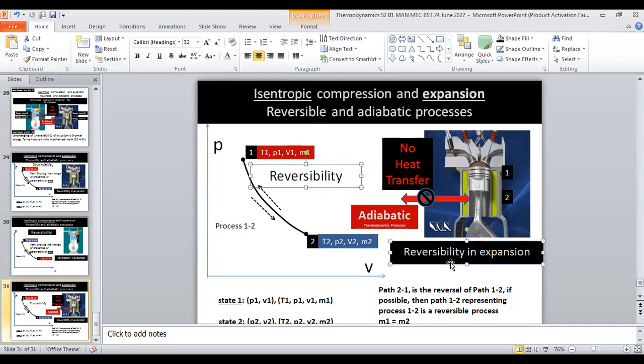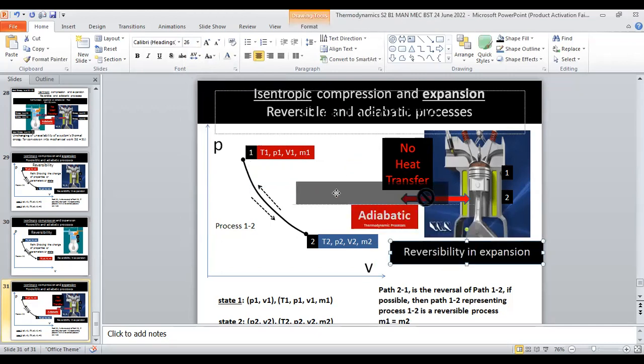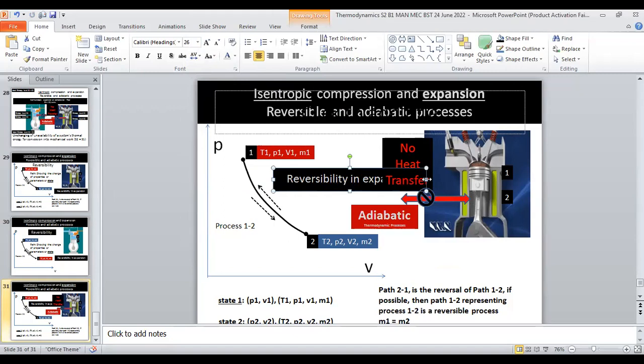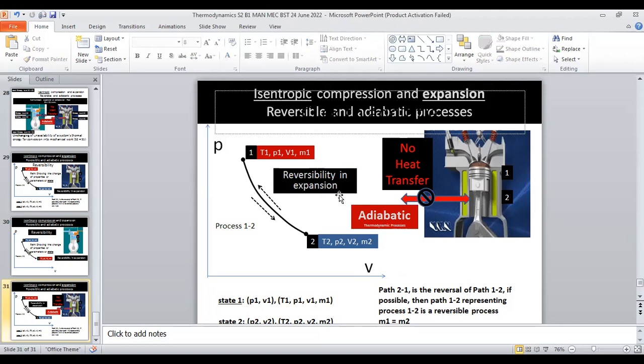So reversibility is here. Reversibility and expansion. And adiabatic nature here. So reversible adiabatic. Combinedly, we call this isentropic.